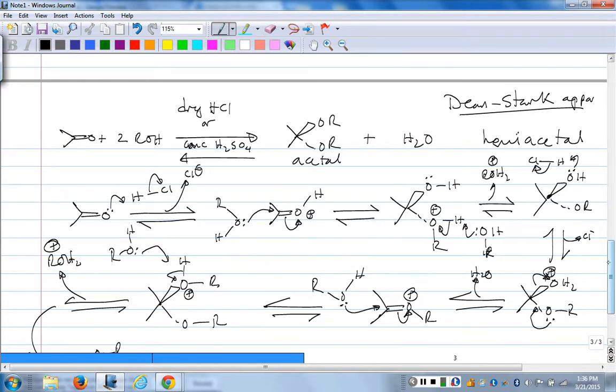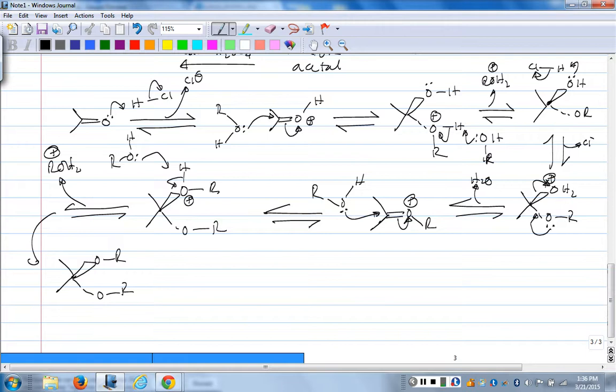So there are three strategies we use to maximize the yield. One is to use a dry acid. Two, we use the Dean-Stark apparatus, and what that does is remove water as it's formed.